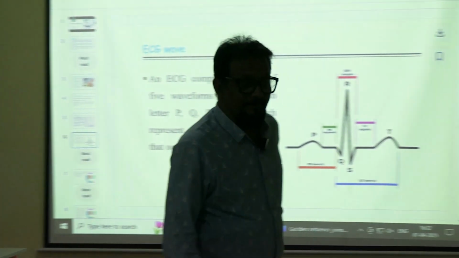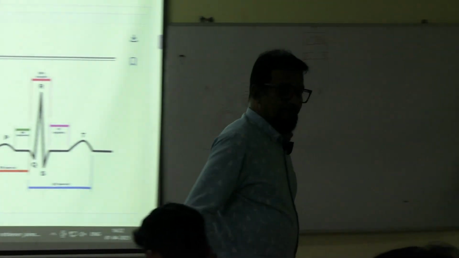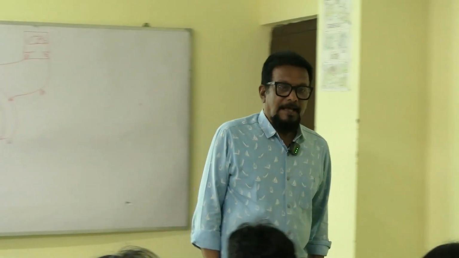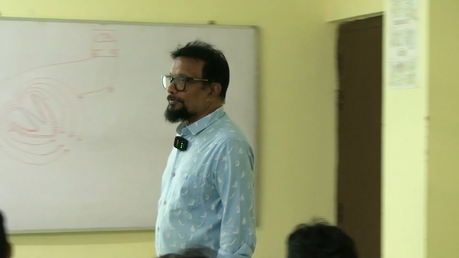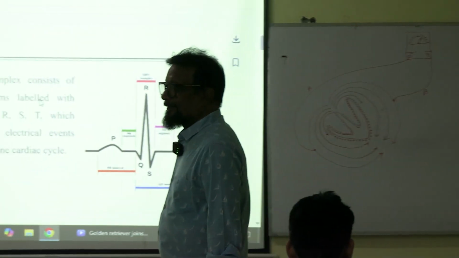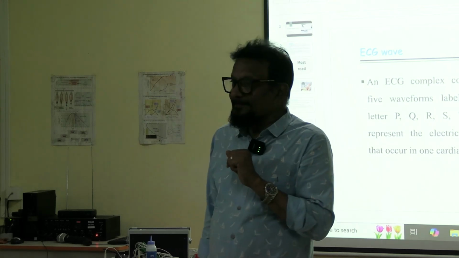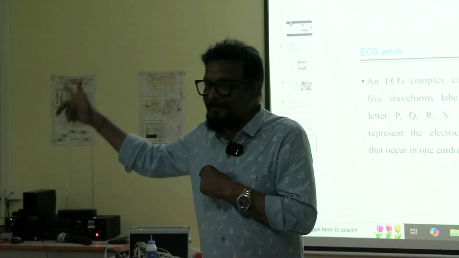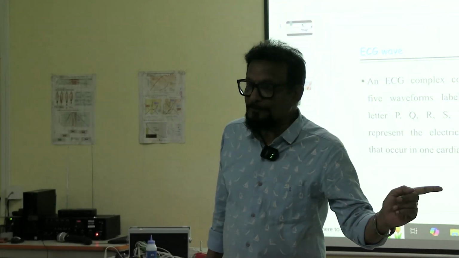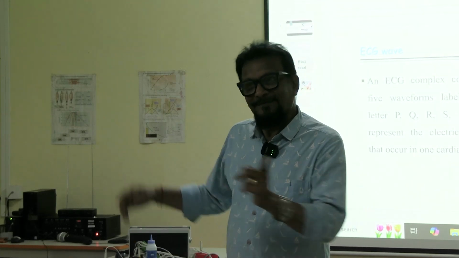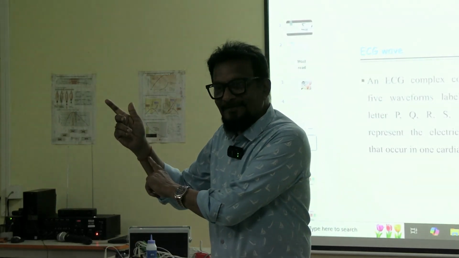Mention it, write it: positive electrode at the left foot and negative electrode on the right hand. So see, in lead 1, the negative electrode was on the right hand, and in lead 2 also, the negative electrode is on the right hand.